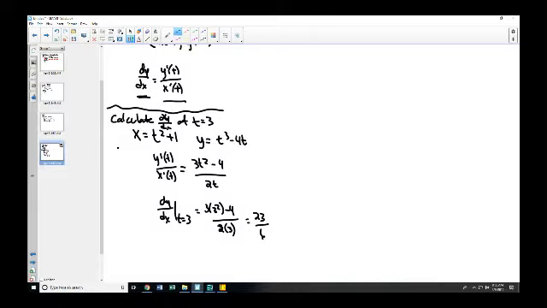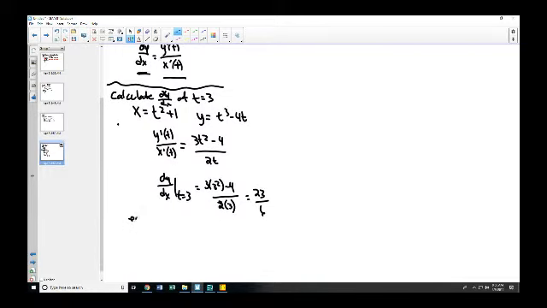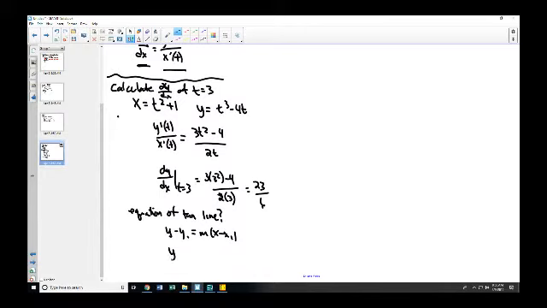What's the equation of the tangent line? y minus y1, so y at 3 is 27 minus 12, 15. Y minus 15 equals the slope, 23/6, times x minus x1, which at 3 is 10. It's the same equation we've always used for a tangent line.